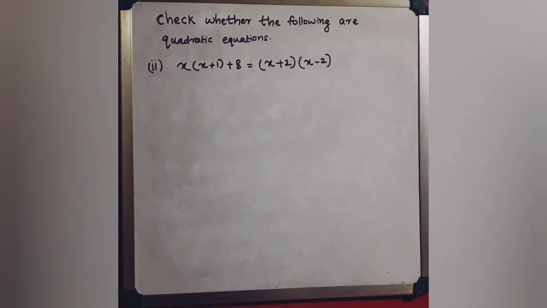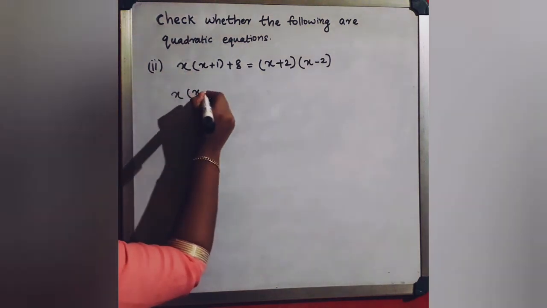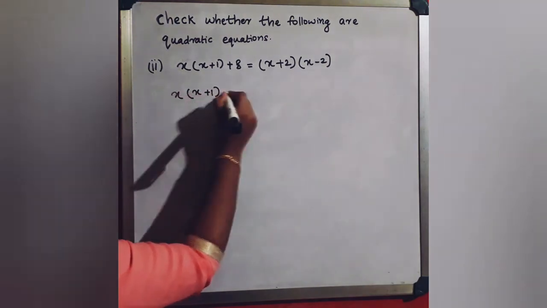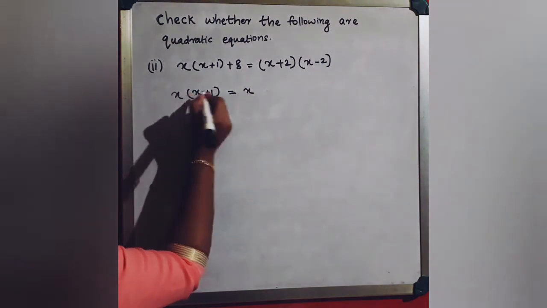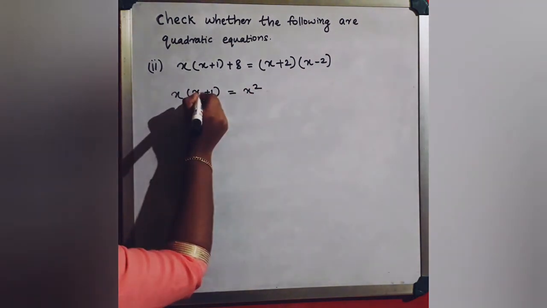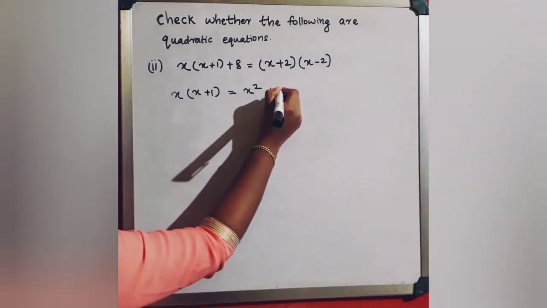The next problem is x into x plus 1 plus 8 is equal to x plus 2 into x minus 2. We are going to check whether it is quadratic or not. For this, just consider x into x plus 1. Just multiply these terms, x into x, that is x square, x into 1, that is x.